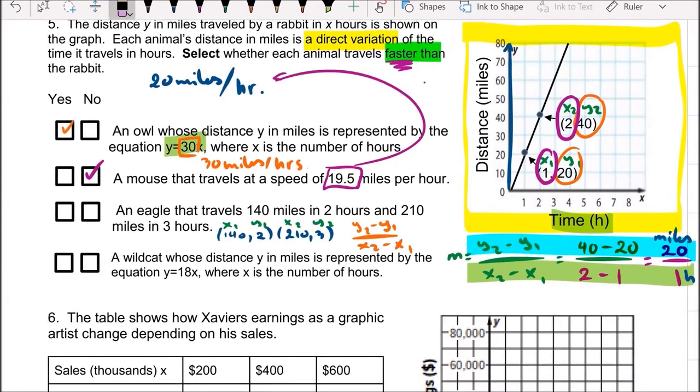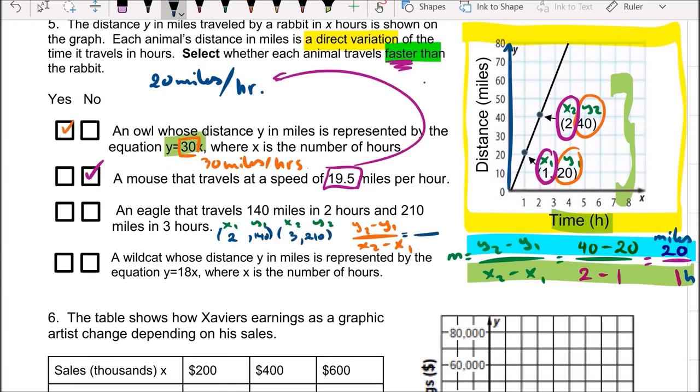I think I need to order my points, because based on this graph, the hours have to go first and miles go second. So I'm going to switch this point to 2 hours and 140, and this is 3 and 210.